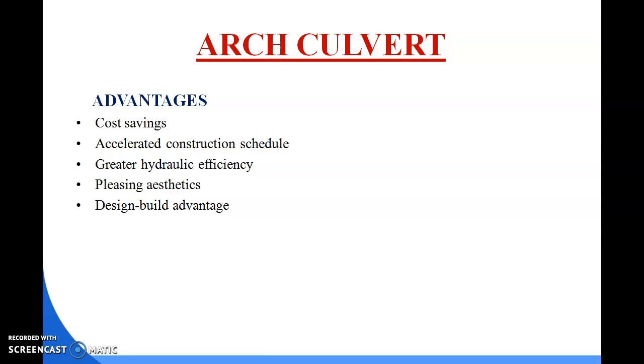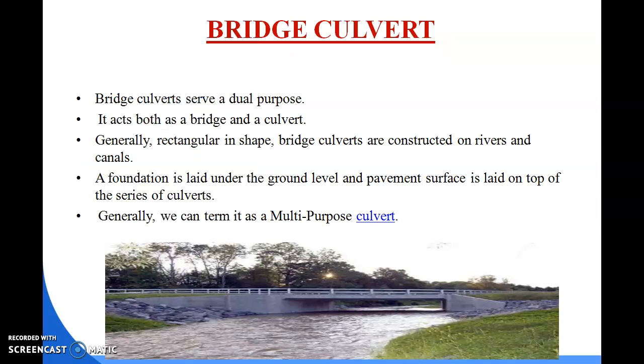Okay, so next come to the bridge culvert. A bridge culvert serves a dual purpose. It can act both as a bridge and a culvert, generally rectangular in shape, and bridge culverts are constructed under rivers and canals, and a foundation is laid under the ground level pavement.